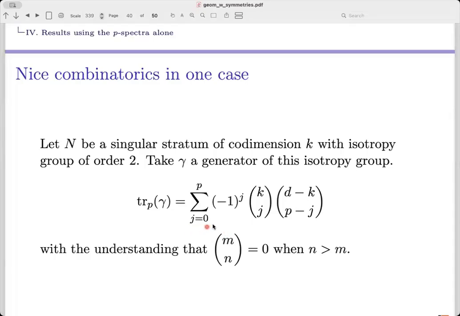We have a sum j from 0 to p of an alternating piece, and then we have k choose j, d minus k choose p minus j. So this beautiful combinatorial expression where things go to 0 when they don't make sense. So if n is bigger than m, we put in 0 there. Okay, so that's the p trace for gamma when we have this special situation of an isotropy group of order 2.